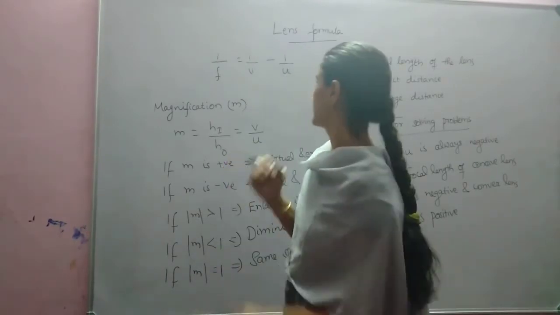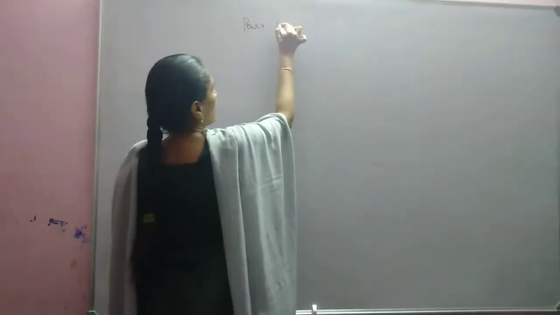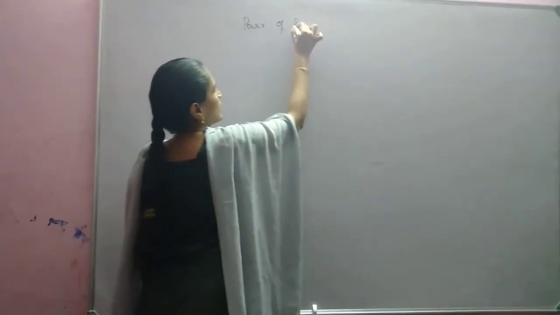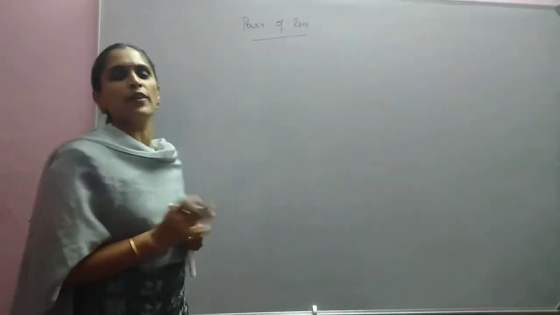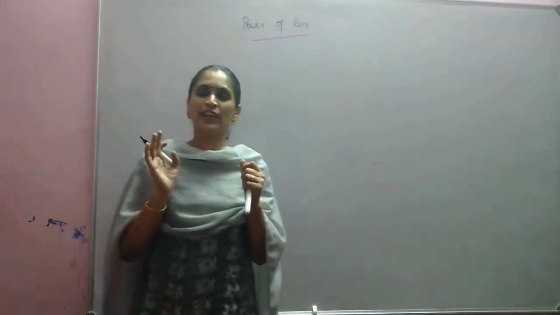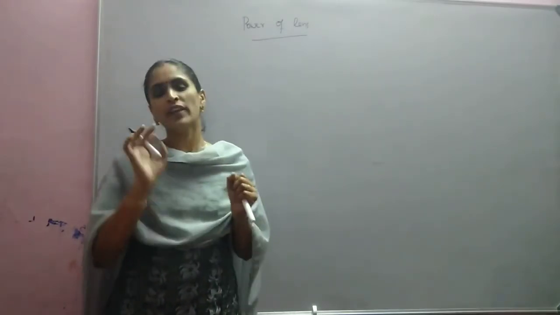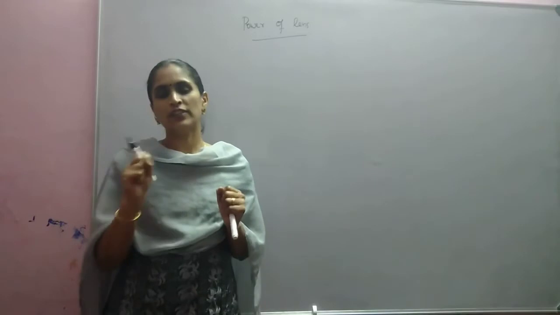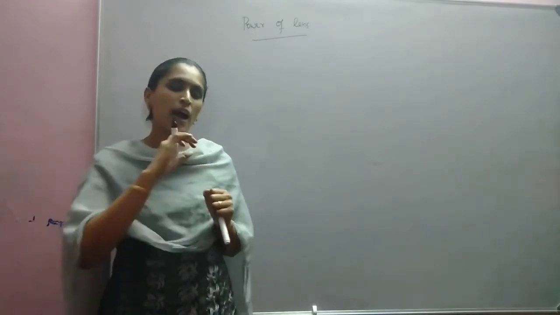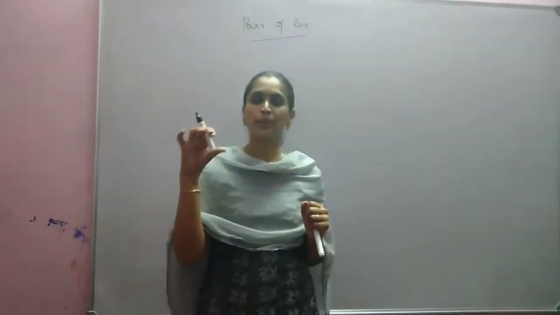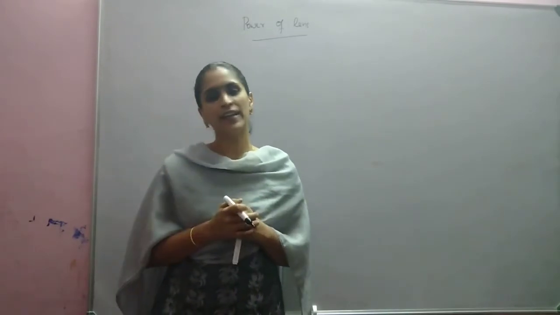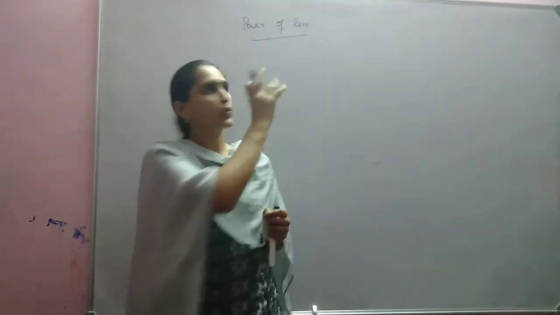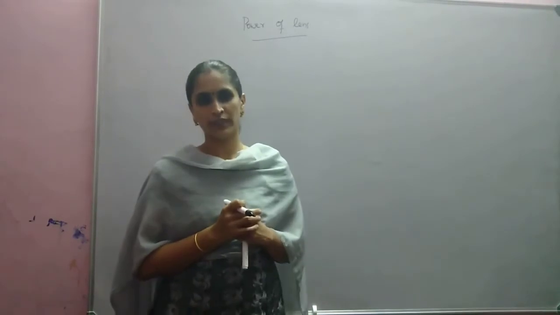Power of a lens is a measure of its degree of convergence or divergence. How much it can converge a parallel beam of light, or how much it can diverge a beam of light, is measured by a quantity known as the power of the lens.